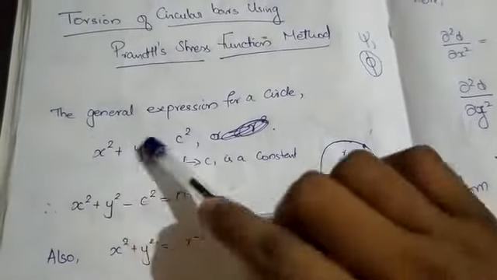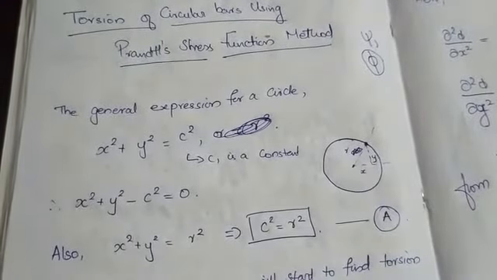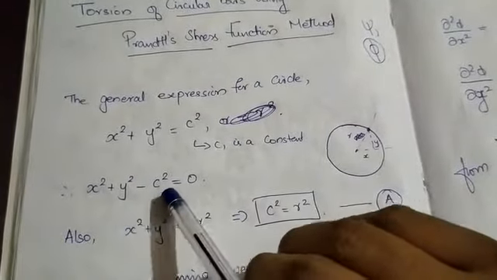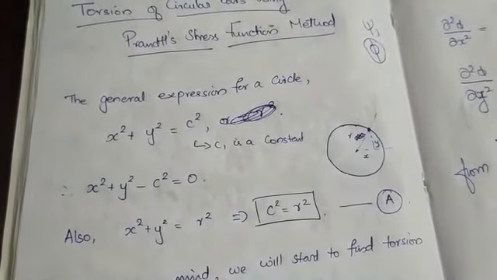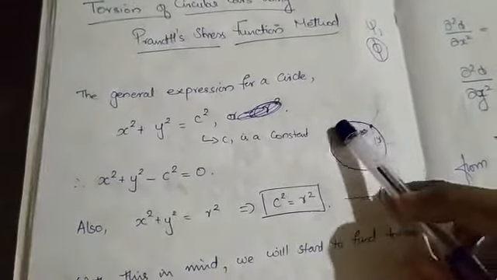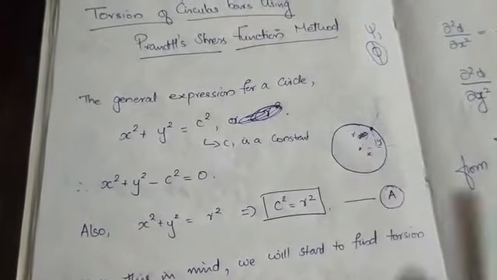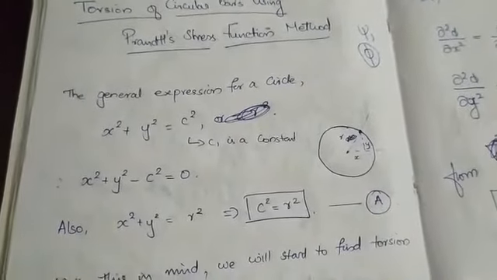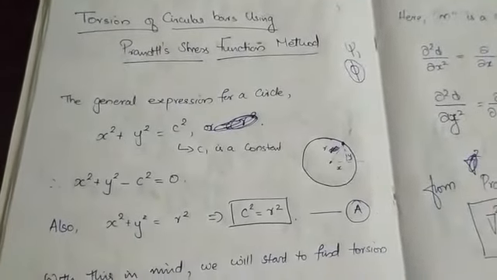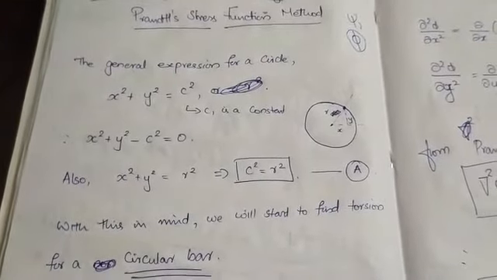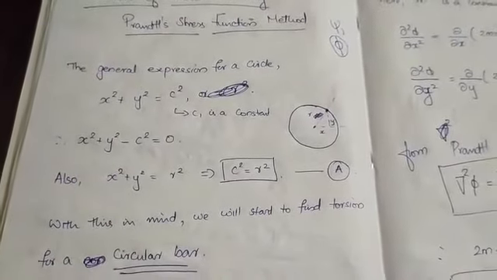So x square plus y square minus c square is equal to 0. Also in case of a circle, x square plus y square is equal to capital R square, which will be used from now onwards. With this in mind, we'll go for the derivation.